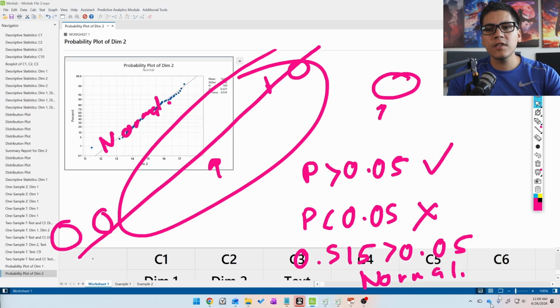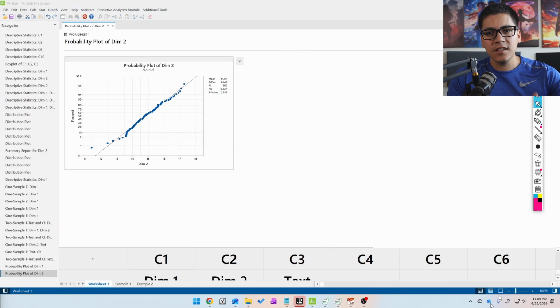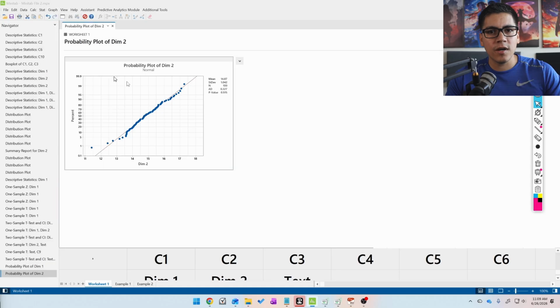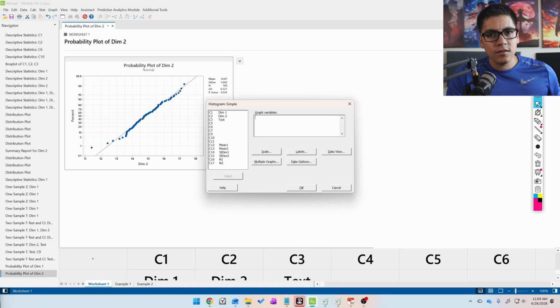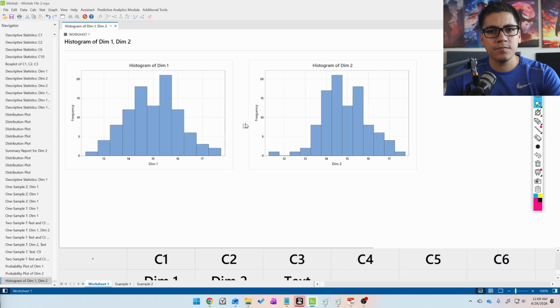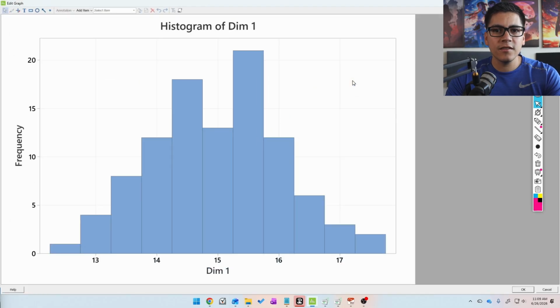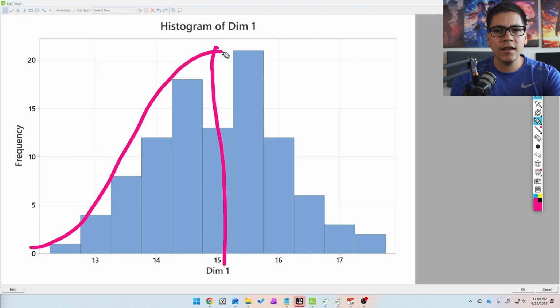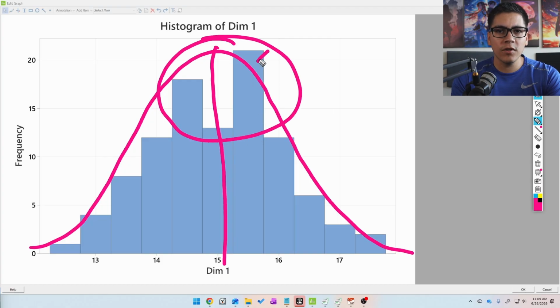Now, what does it mean for data to be normal? It just means that the data is symmetrical. I could visualize that with a simple graph and then just like histogram, and I could select C1 and C2. If I look at my data set right here, I could somewhat roughly split it here in the middle position. And you can see that as I get near this middle position, I get more data.